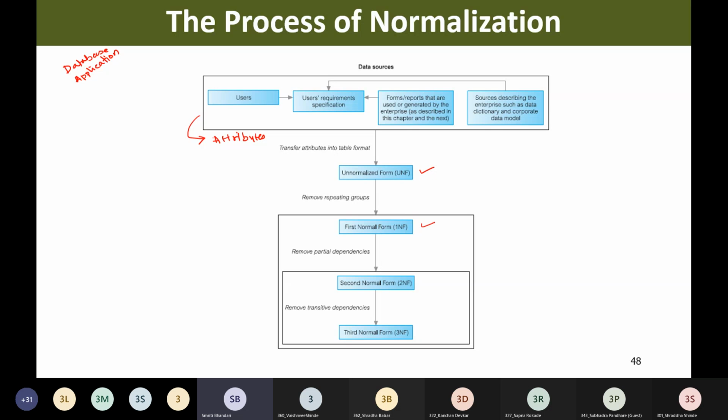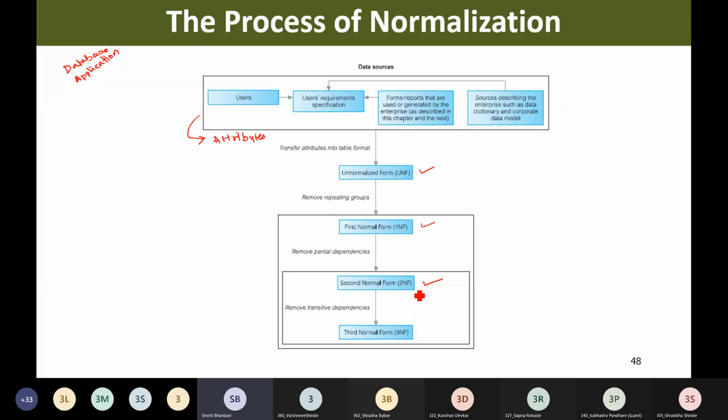Now, once the table is in first normal form, there may be several partial dependencies in those relations. So the next step is we remove the partial dependencies, and after removing them, we come up with the second normal form, which is known as 2NF.